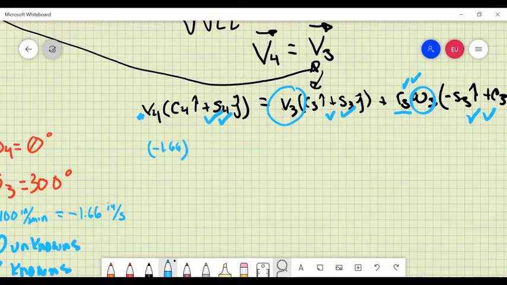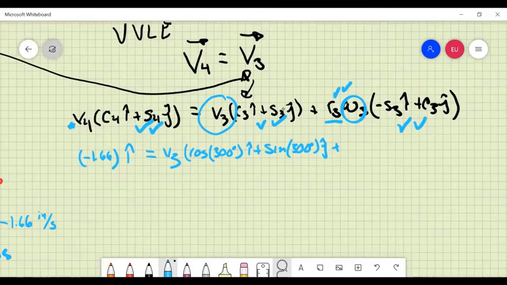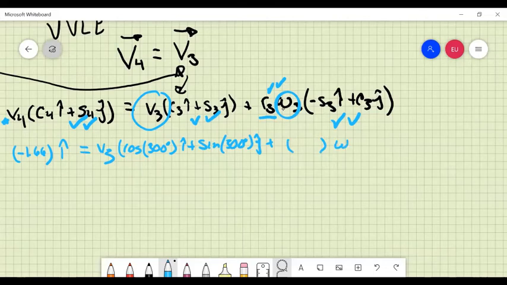I'm just going to substitute that guy acting horizontally equal to this unknown, and here I'll have cosine of 300 plus sine of 300 plus R3, which was equal to 6.93.